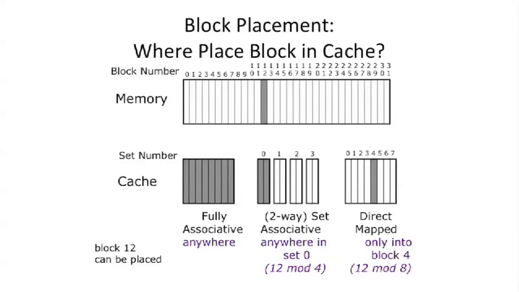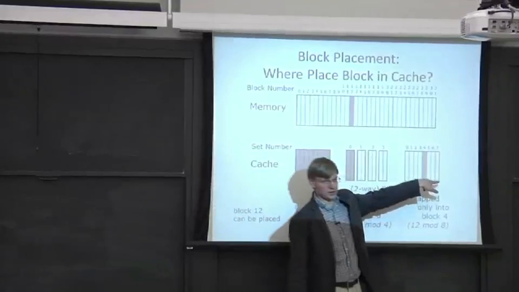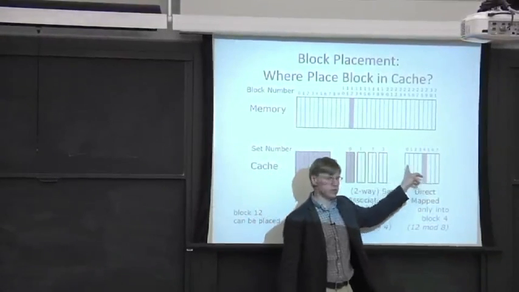So let's take this highlighted location here, block number 12. And let's see where it can fit into different types of caches. So we have 3 different types of caches here. Let's start on the right side. On the right side, we have what's called a direct mapped cache. In a direct mapped cache, it is literally an array, and each block can only fit in one place in the cache.